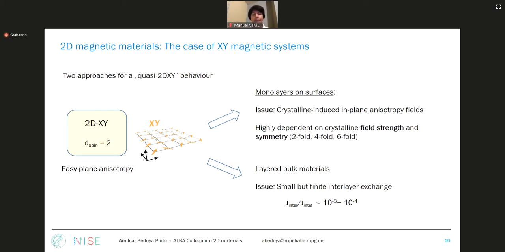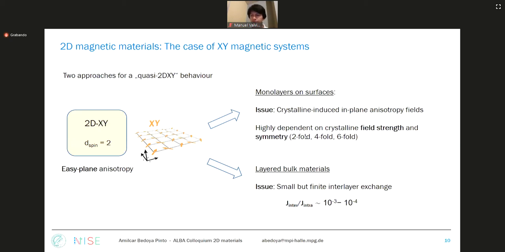For example, again with these two communities working on low-dimensional magnetism, the people working on monolayers on surfaces, if they have a strong crystalline field from the substrate, it will influence the magnetic layer on top and will always drive the system to a uniaxial magnetic anisotropy. And also the symmetry of the underlying crystal will influence the type and strength of anisotropy, depending on whether there's twofold, fourfold, or sixfold symmetry.